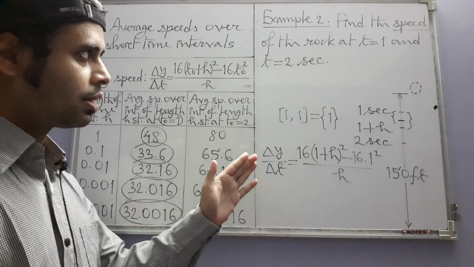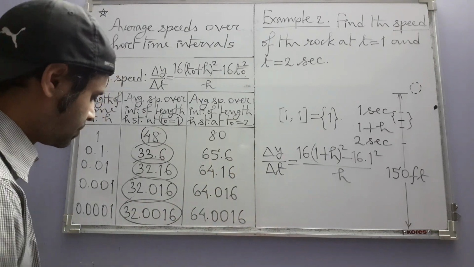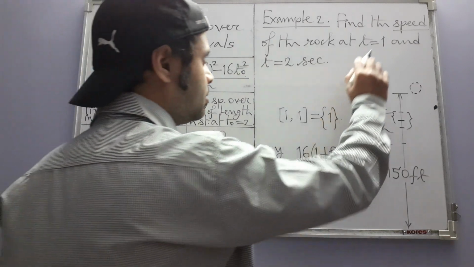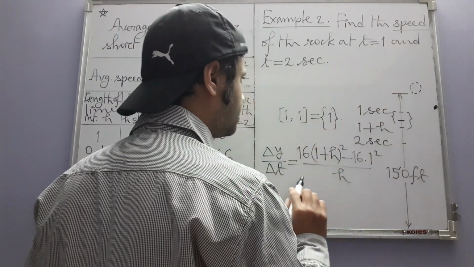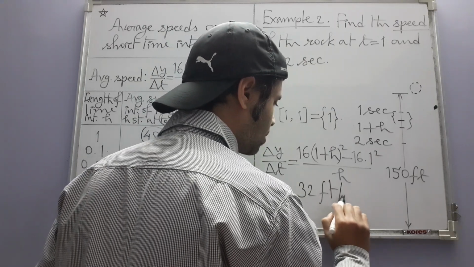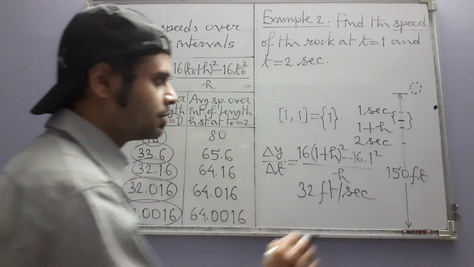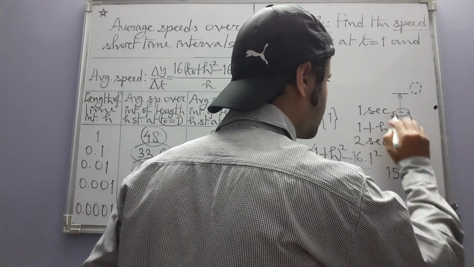So according to our analysis and our intuition, common sense, we should say that 32 feet per second should be the speed of the rock at this instant of time.